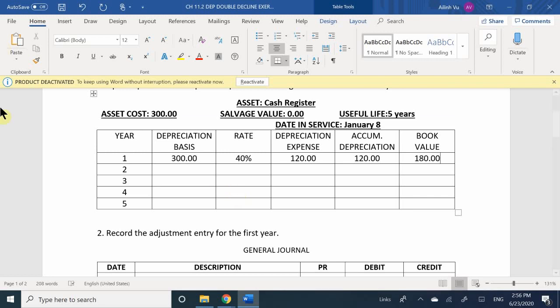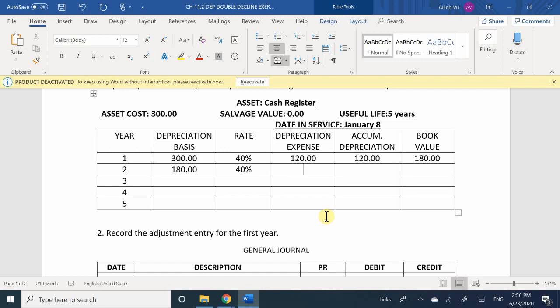What is my second year's depreciation basis? 180. That's right. We're going to take the number that we solved for last. So the end of the year's book value will be the beginning of the year's book value for year 2. The 40% stayed the same all the way down. Exactly. So let me write 40% here.